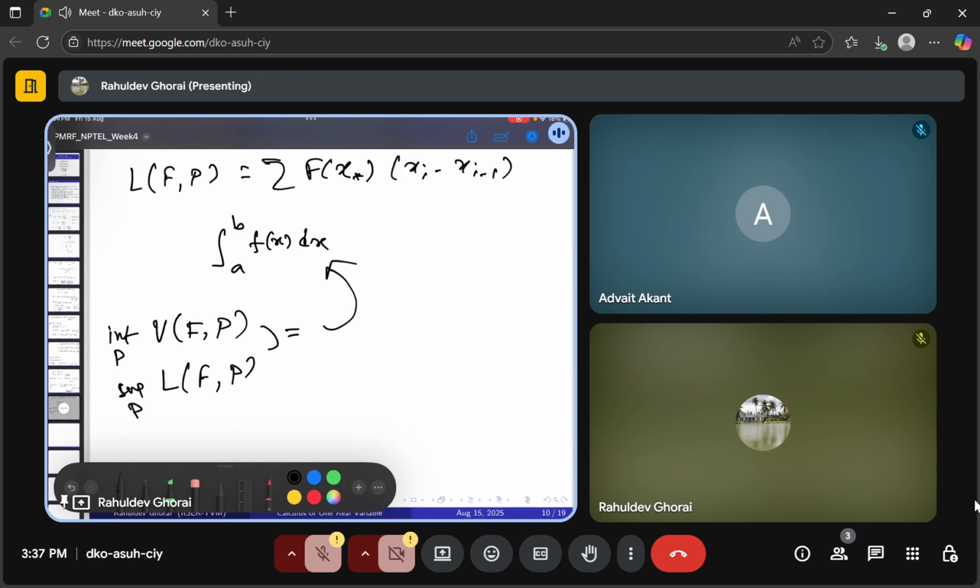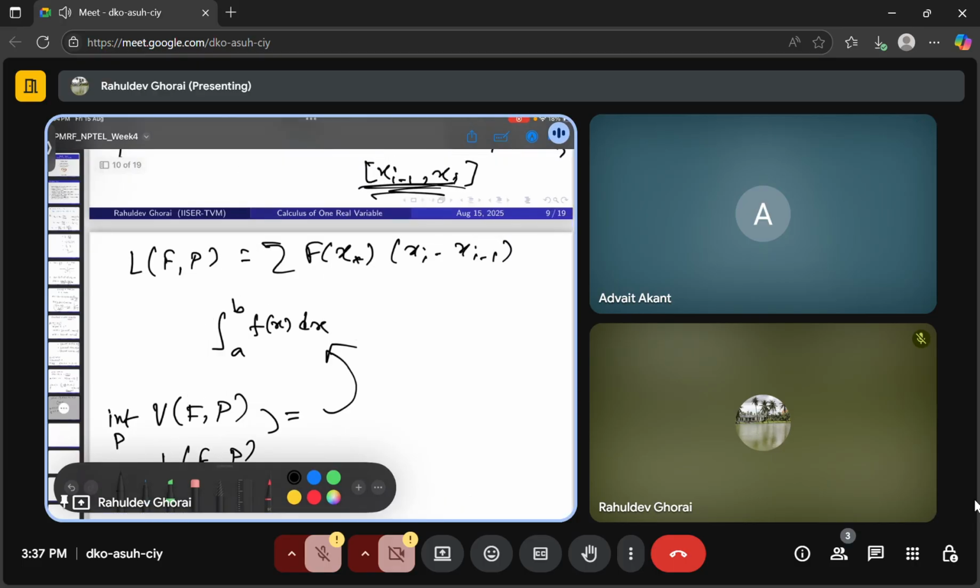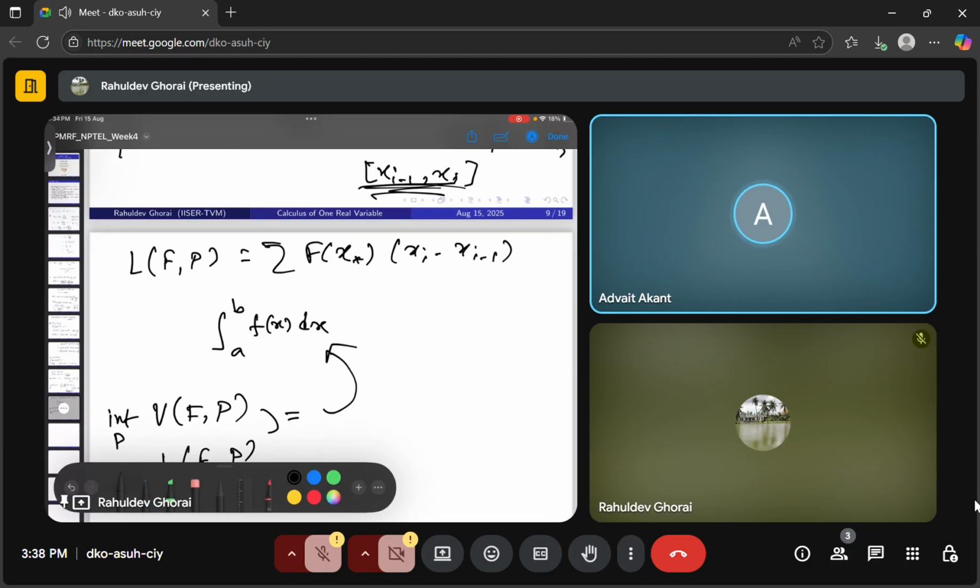If they are not equal, then the function will not be integrable. So integrability of the function can be determined using these two things, the upper sum and the lower sum. If you do not understand, integrability is not covered.